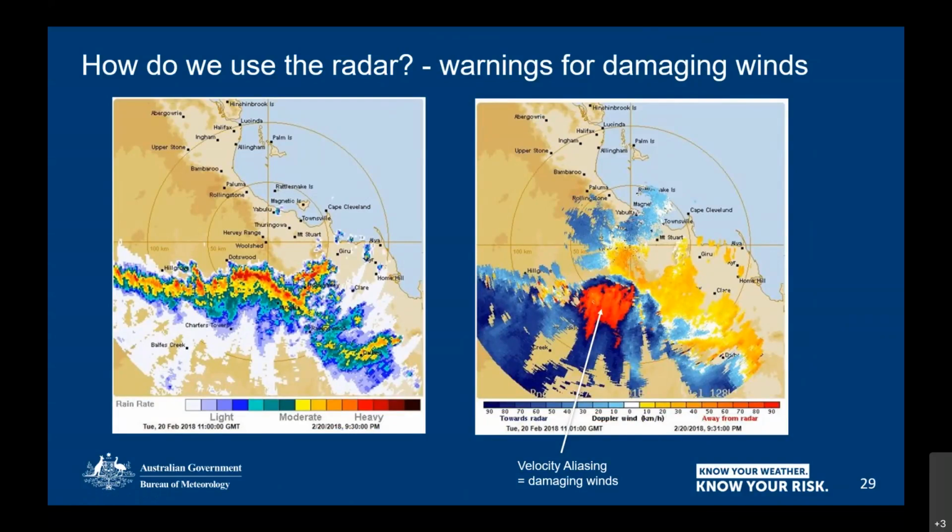There is a wind speed that it can accurately detect, and if you exceed that, it's got an issue. How are we going to say that these winds are 100 kilometres per hour, for example? The way the radar resolves it is by jumping back down to the other end of the scale and jumping into these colours.